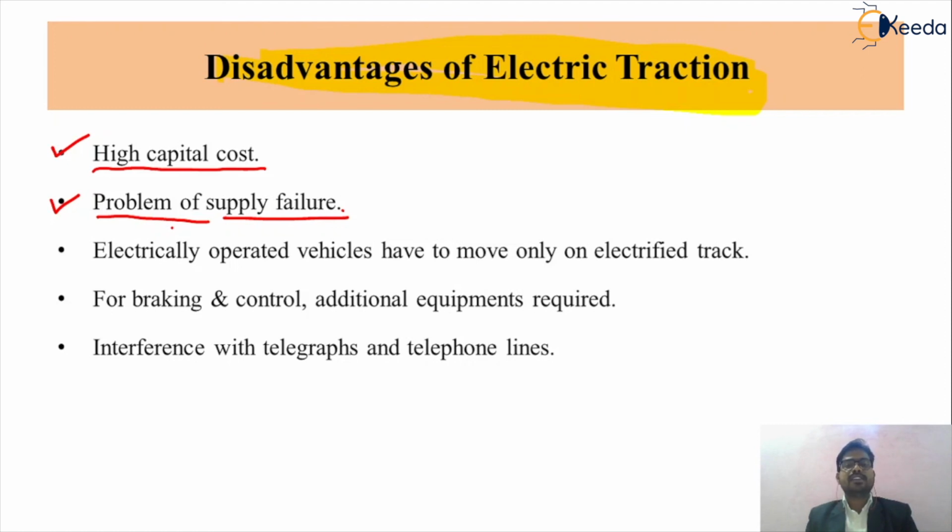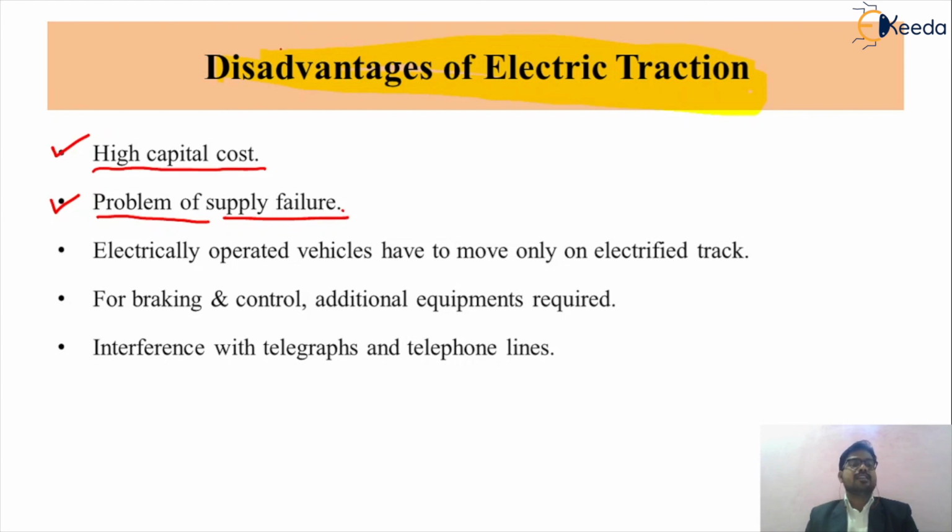We give the electrical supply to the motor, and according to that supply, the motor generates its EMF and converts electrical energy into mechanical energy, which we get from the shaft that is connected to the wheels of the electric traction system. So if we fail to supply the motor, then the whole operation will stop. So there is a problem of supply failure. It is one of the important disadvantages of the electric traction system.